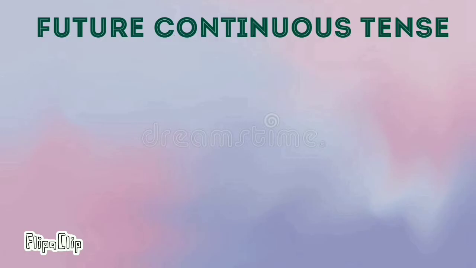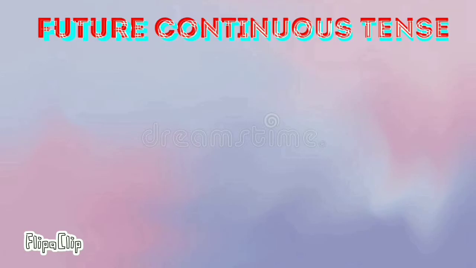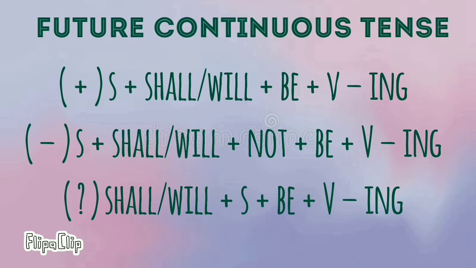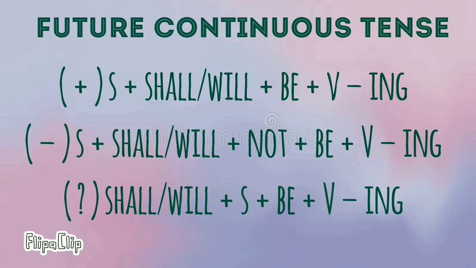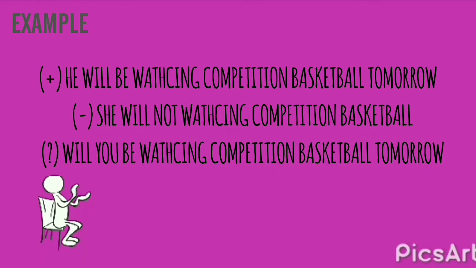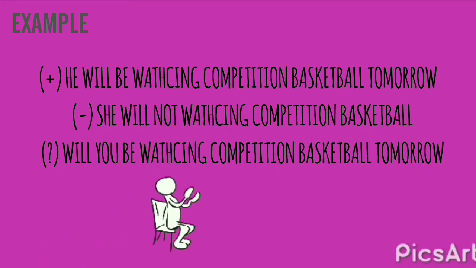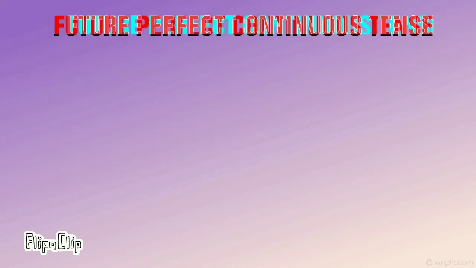And future continuous tense. The structure of future continuous tense. If statement, subject plus will plus be plus base verb plus ing. If negatives, subject plus will plus not plus be plus base verb plus ing. In question, will plus subject plus be plus base verb plus ing. Future perfect continuous tense.